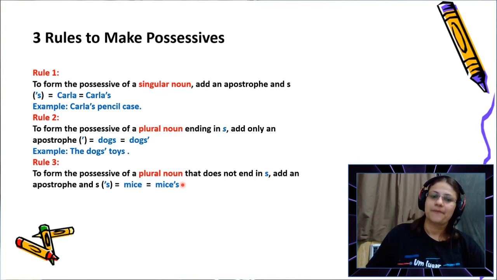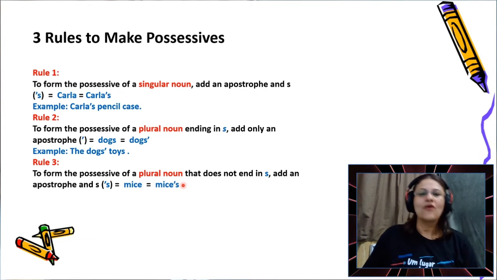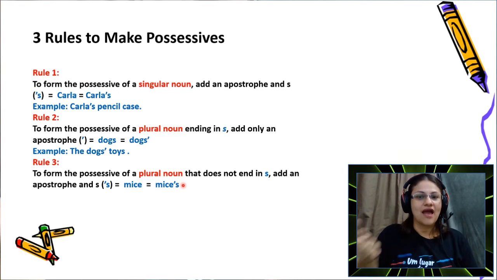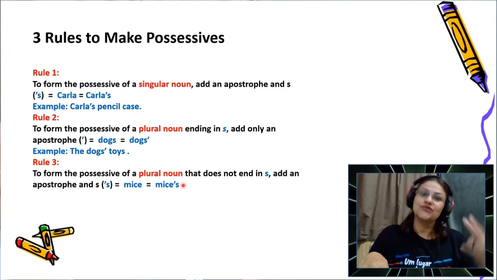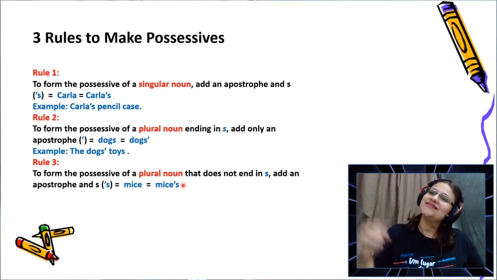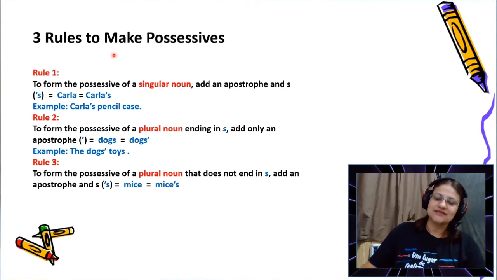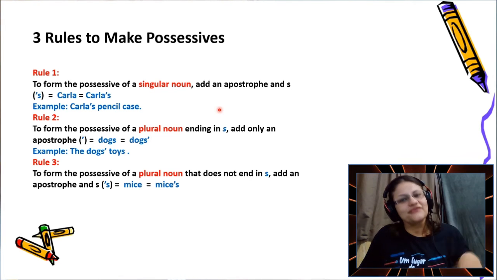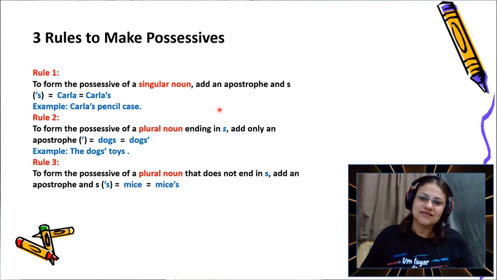Another example of irregular plural, for example, women. Women is the plural of woman. I have 1 woman and 2 women. In this case, if I want to make the possessive, I add an apostrophe and an S, women's.